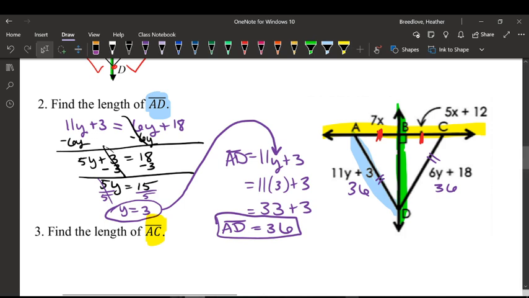But we start off by just saying that they equal each other, because that's all we can do. We have this side with one line, AB is congruent to CB, so that means that 7x equals 5x plus 12.